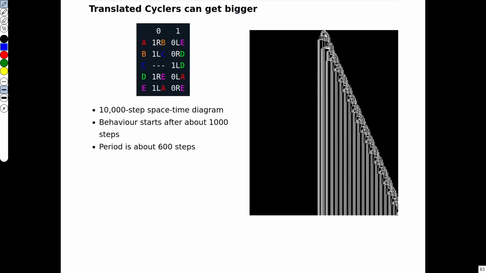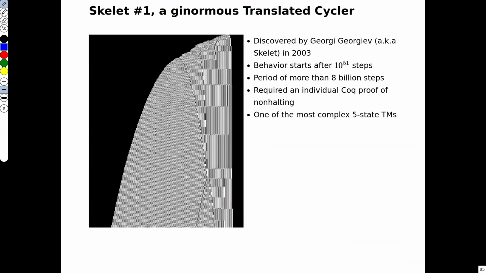And the translated cycler family is quite a varied family. For example, here we have behavior that only starts about 1,000 steps in. In fact, they can get a lot bigger. One of the holdouts actually turns out to be a translated cycler.